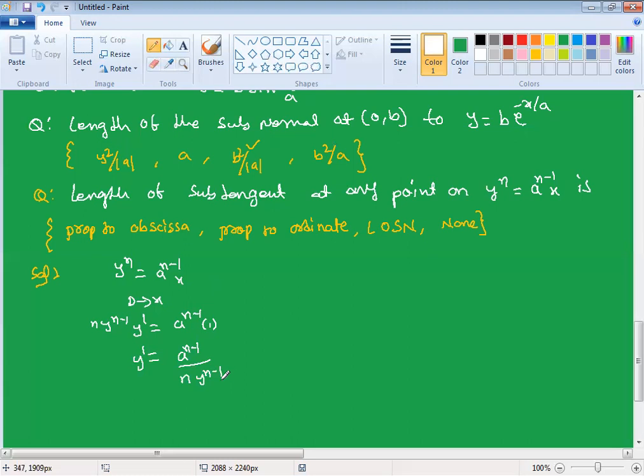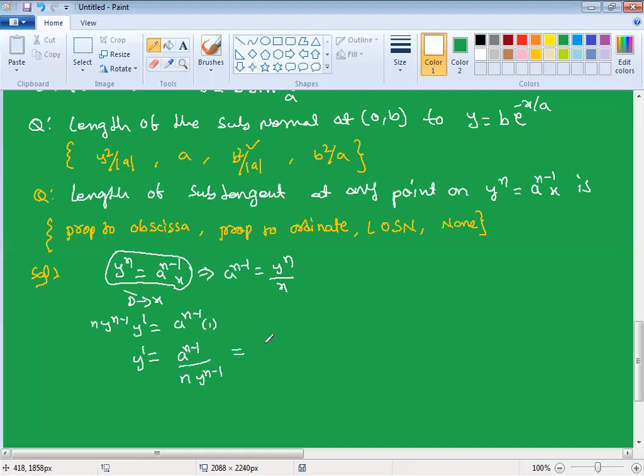What I am doing here: y power n value is a power n minus 1 into x. We can write from this a power n minus 1 equal to y power n by x. You have a power n minus 1, that's why we can substitute this. What you'll get?